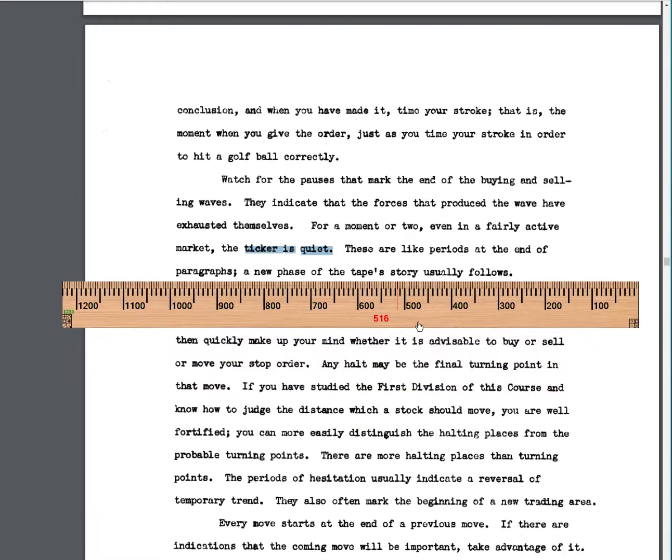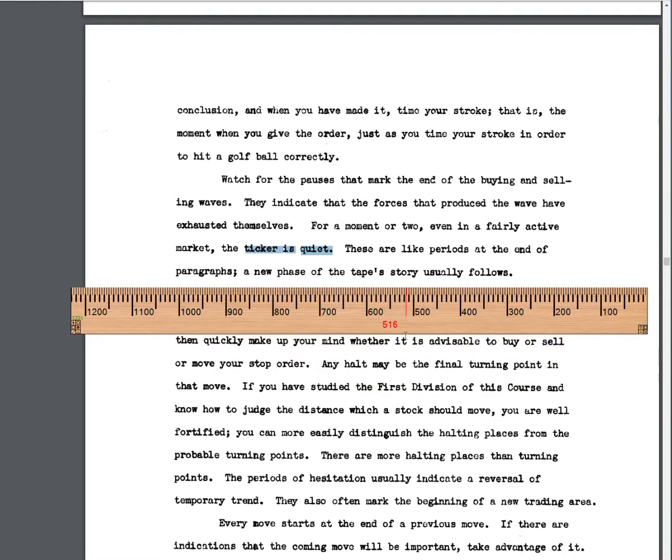New phases of the tape story usually unfold. So again, there are certain waves that are not low volume, they're kind of like climactic. So you want to see the climax, and then for a moment or two, after the end of the climax, the time and sales is going to be very quiet.